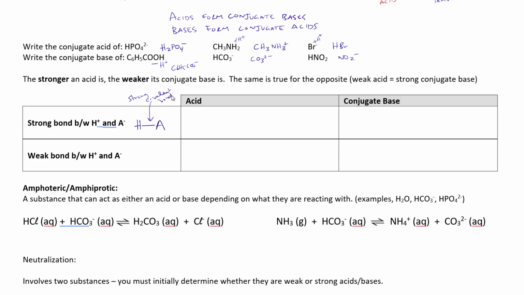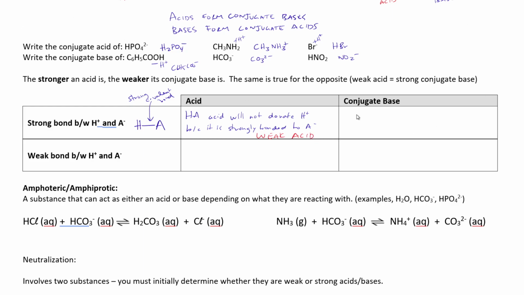Then that means that the HA acid will not donate H plus because it is strongly bonded to A minus. So as a result, if you have a strong bond between H plus and A minus, you have what's called a weaker acid or a weak acid.